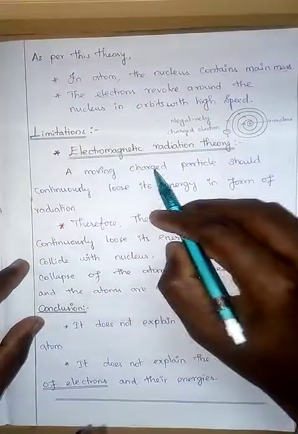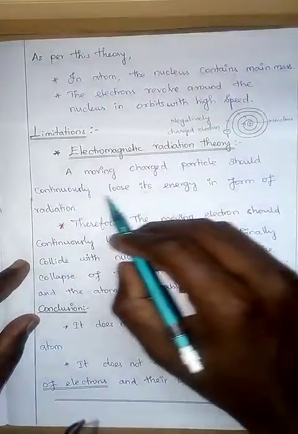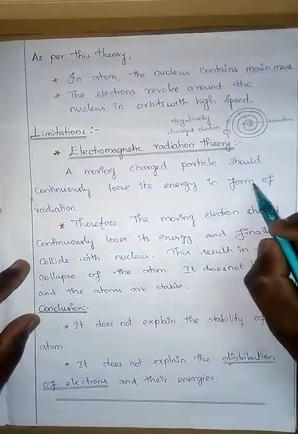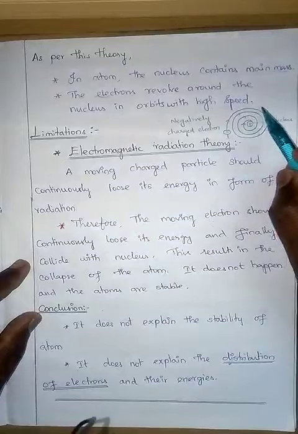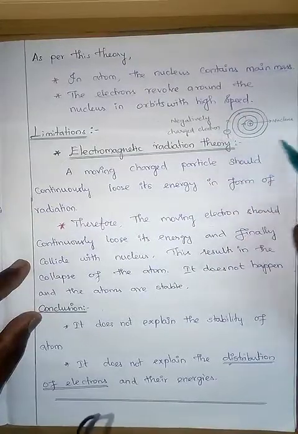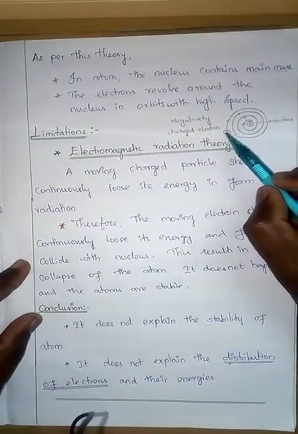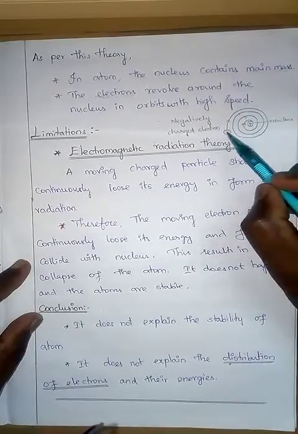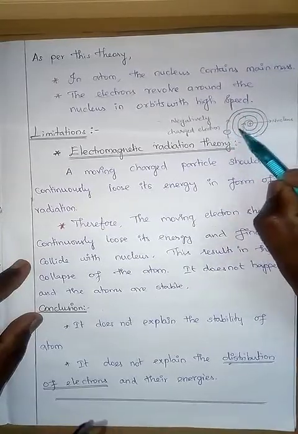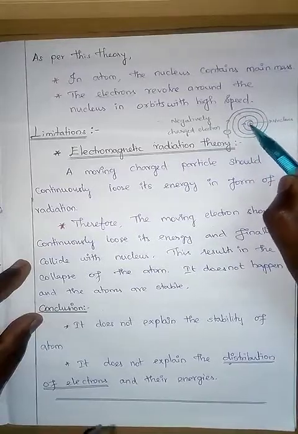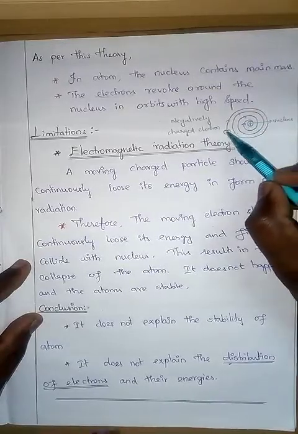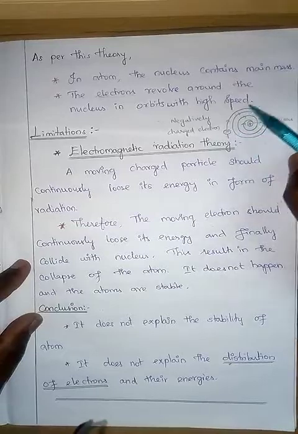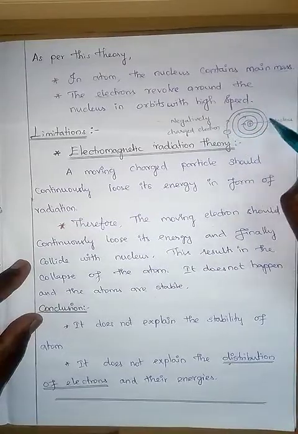A moving charged particle should continuously lose its energy in the form of radiation. Let us imagine this area, please look at it. If any charged particle is rotating like this continuously around the oppositely charged particle, so here at the center I have a positive charge, here we have a minus charge. The minus charge continuously rotates like this.